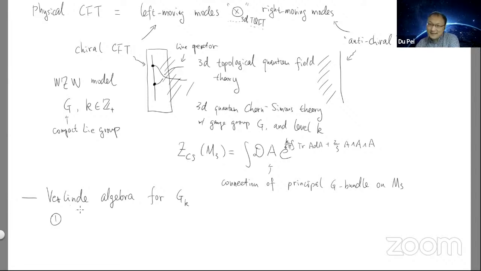One can obtain this algebra by looking at the boundary, or from the 2D perspective. Then this algebra can be identified with the fusion rules, or the fusion algebra, of primary operators of the WZW model.